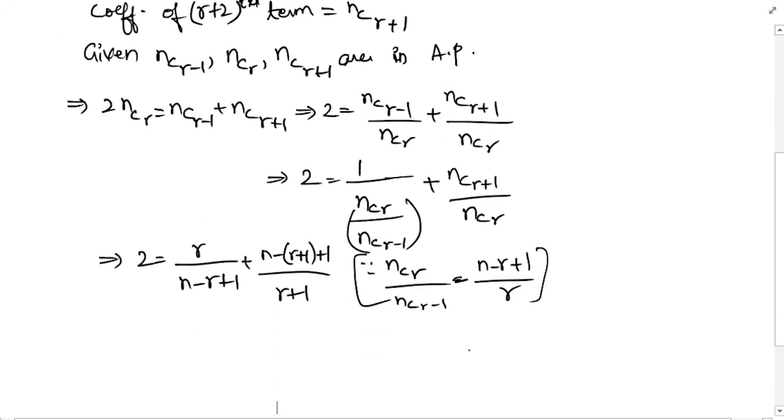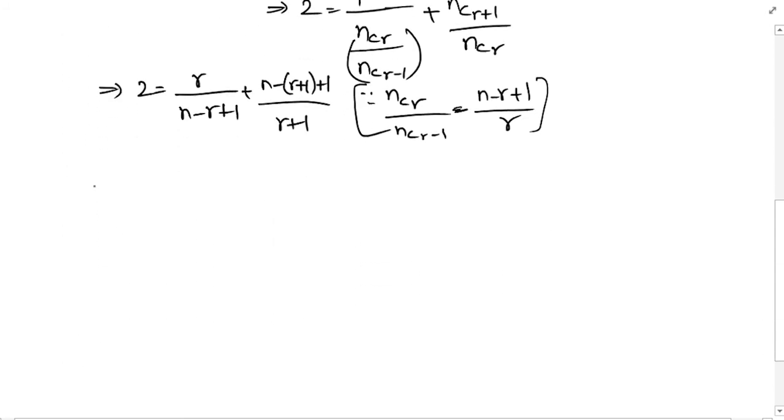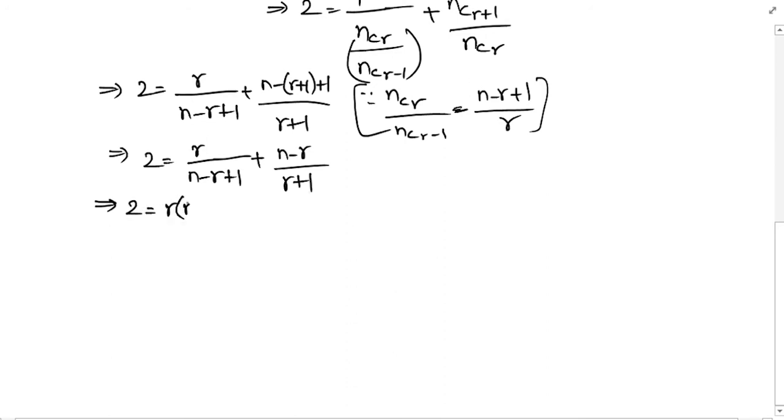So 2 is equal to r by n minus r plus 1, plus n minus r divided by r plus 1. That implies 2 is equal to r into r plus 1 plus n minus r into n minus r plus 1, divided by n minus r plus 1 into r plus 1.